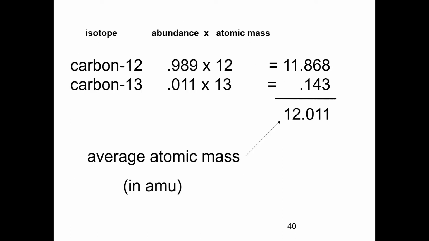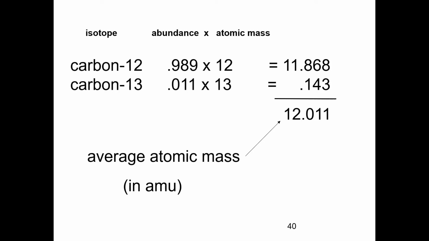Here's how you would calculate the average atomic mass for carbon. The units here are in atomic mass units. We only use the two stable isotopes to do the calculation, carbon-12 with an abundance of 98.9%, and carbon-13 with an abundance of 1.1%. So notice we take those percentages, 0.989, times 12, because that would be the mass of carbon-12, and 0.011 times 13, which would be the mass of carbon-13.